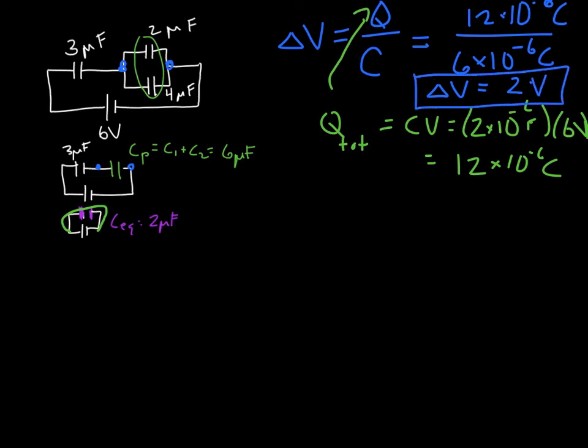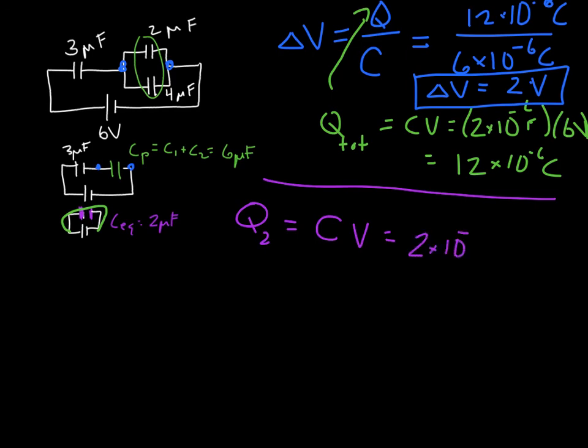Now that we know the voltage drop across that, we can go and find the Q, the charge on the 2 microfarad capacitor, which we know the voltage, this is C times V. We know the capacitance, again this is 2 times 10 to the minus 6 farads.